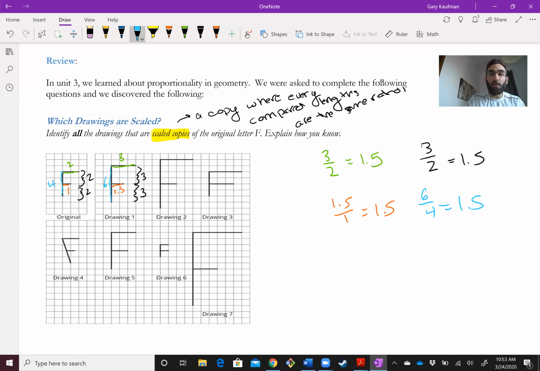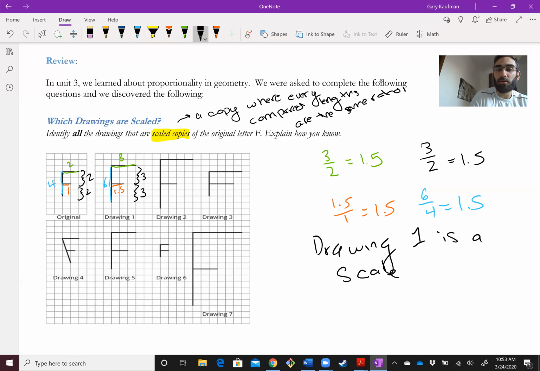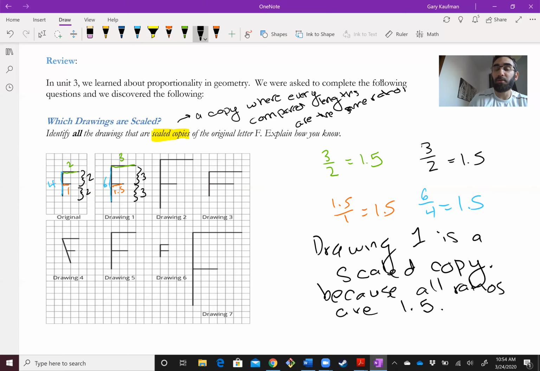So drawing 1 is a yes, it is a scaled copy, because all ratios are 1.5. It's proportional.